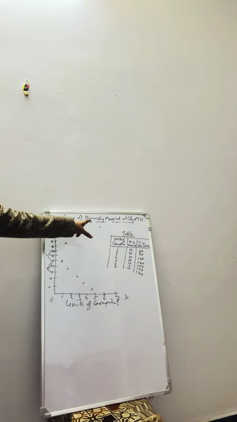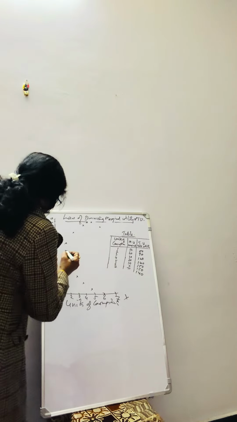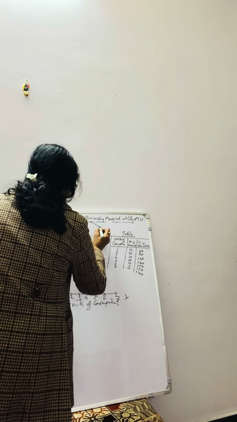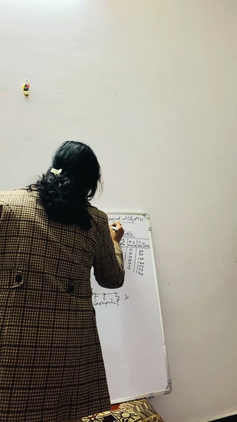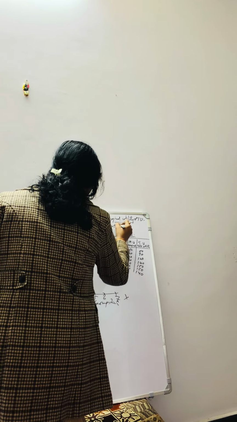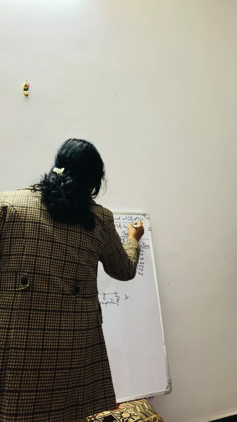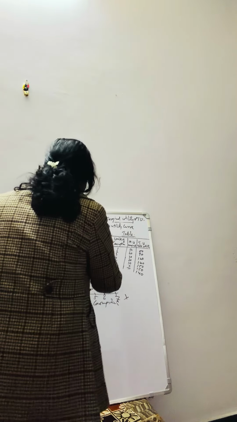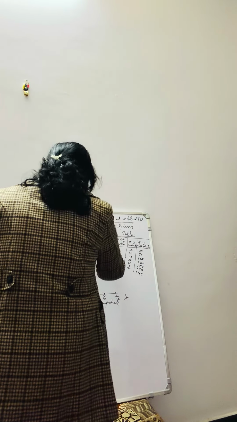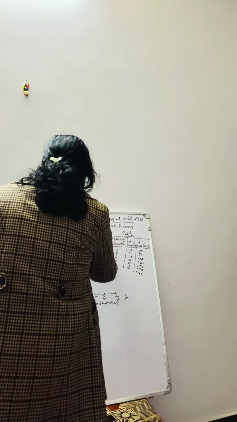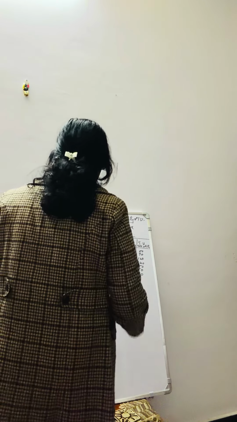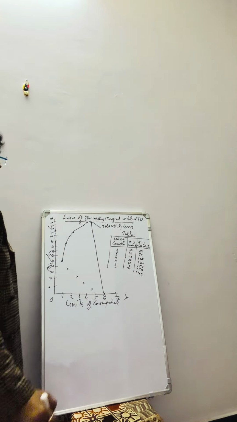Now if we join all the points here, this is the total utility curve. And we see here that the maximum is here, the point of satiety.